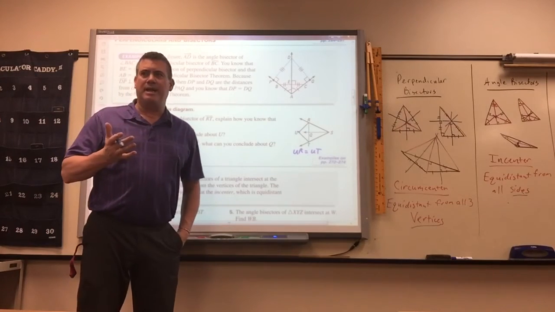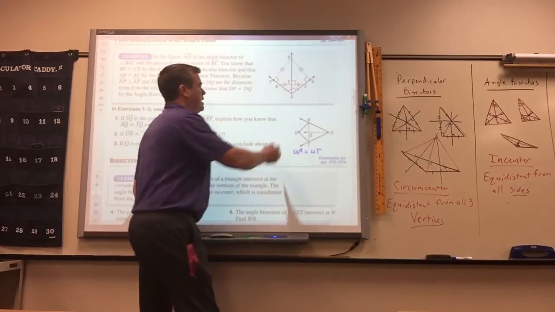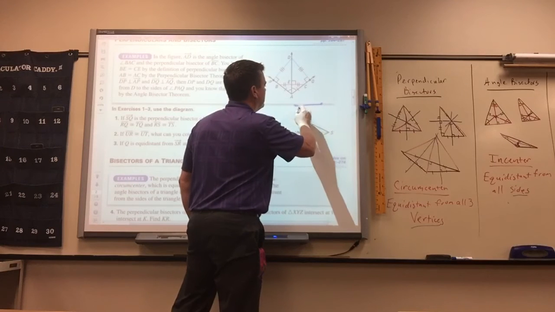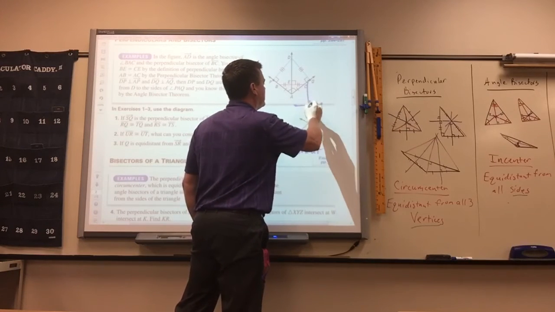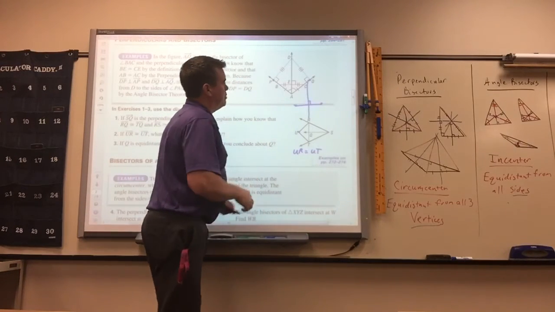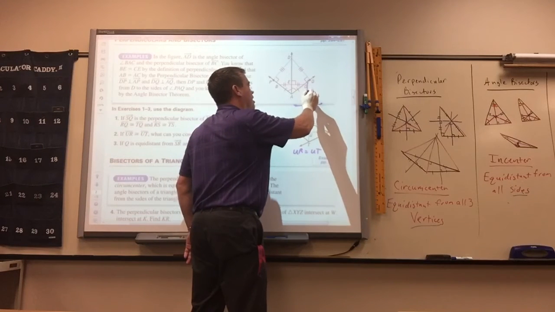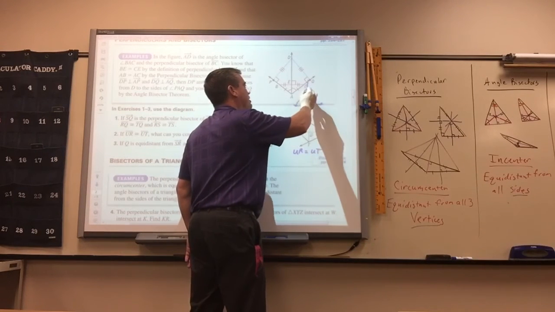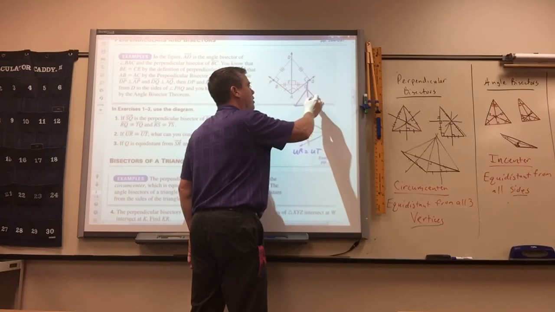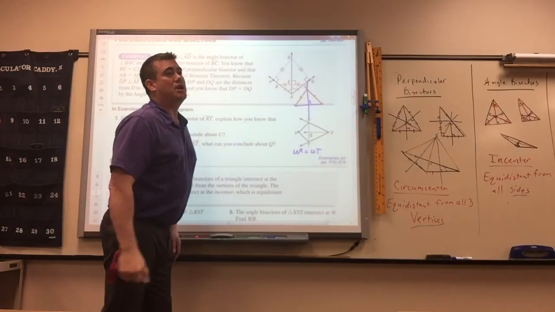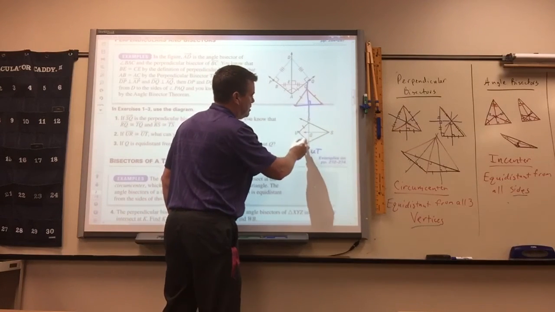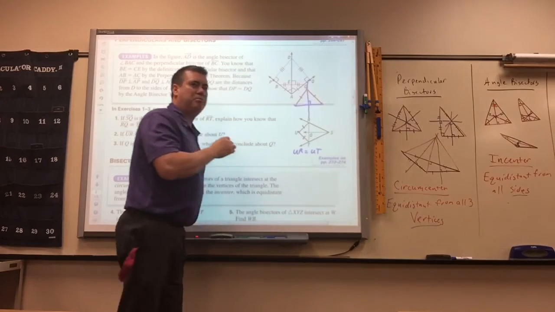Now, if you forgot, back when we went through this, if you bisect any segment, or do the perpendicular bisector, this was the very first thing we did. Any point along this line is equidistant from each endpoint. So since this equals that, what can you conclude about that point?